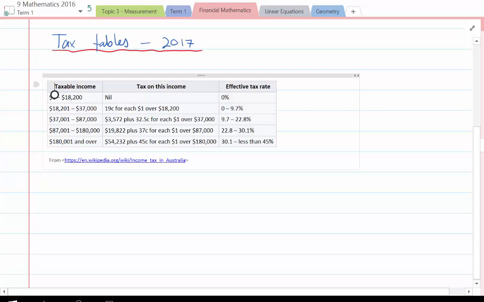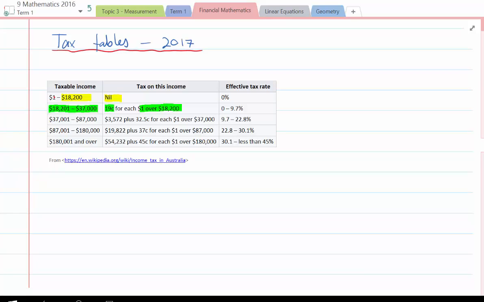Okay, as of 2017, these are the current tax tables. So the tax-free threshold is up to $18,200. So we can see here, 1 to 18,200, you don't pay any tax. 18,200 up to 37,000, you pay 19 cents for every dollar over 18,200.